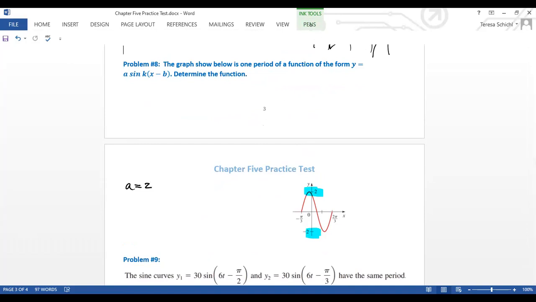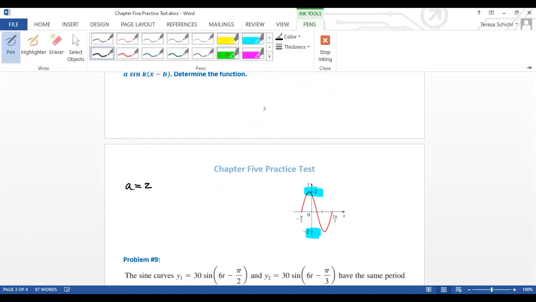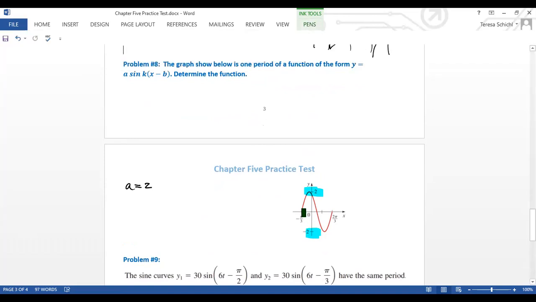Now the next thing, like we talked about before, is typically the hardest one, the period. You see from here to here, they completed the whole cycle, from negative pi over 3 to 2 pi over 3.